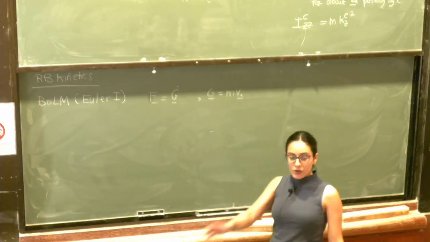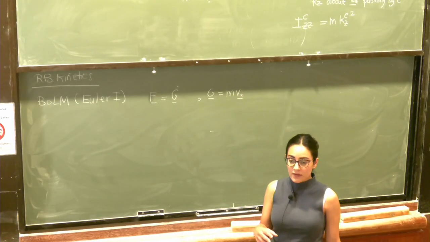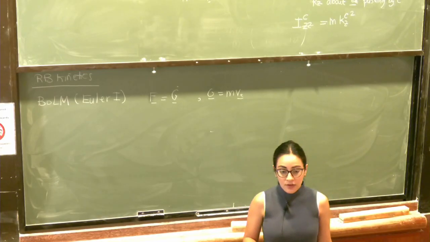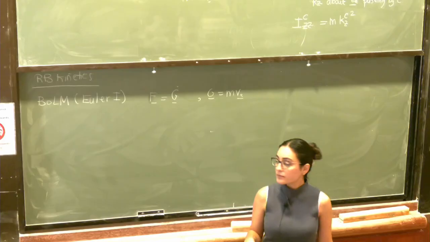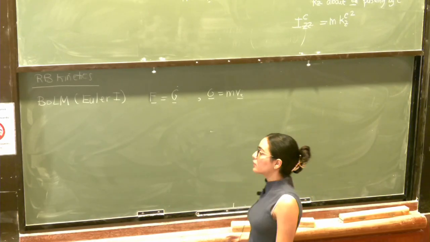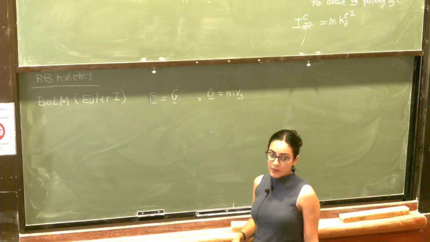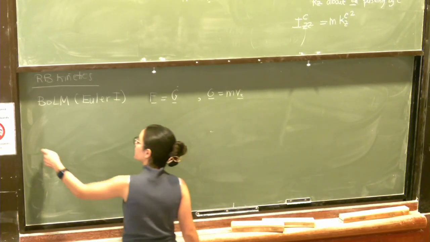So the sum of forces acting on the rigid body is equal to the total mass of the rigid body times the acceleration, not of any point on the rigid body, but of the center of mass. So F equals m a_C, the acceleration of the center of mass. So that's the balance of linear momentum. That's Euler's first law.